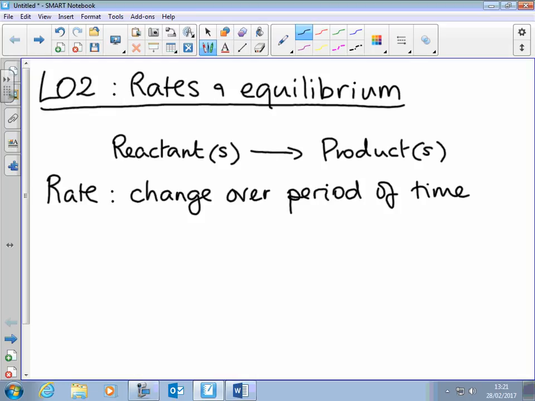Because of the period of time involved, you're going to have something, and then you're going to have a time unit, which, because it's per minute or second or year or week or whatever you like, is going to be to the power minus 1.